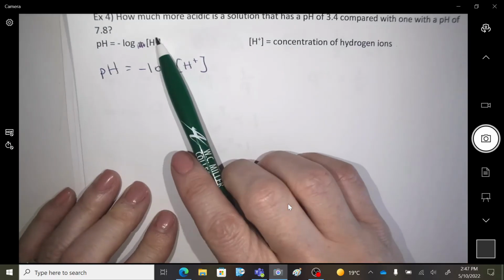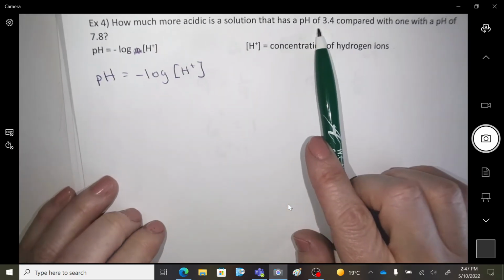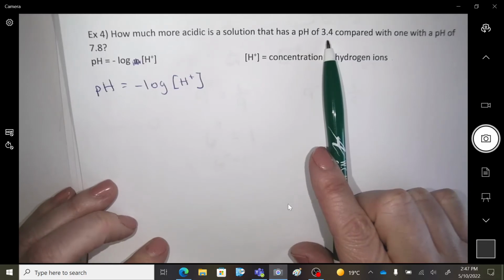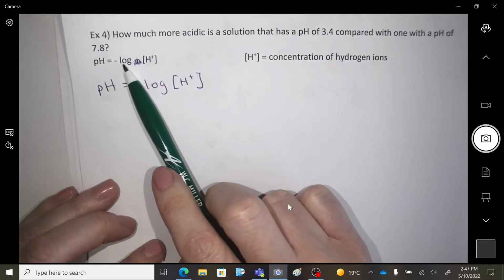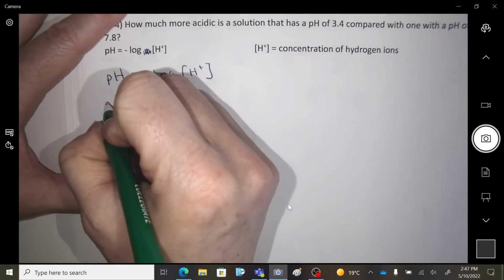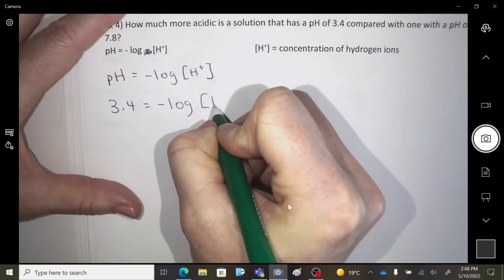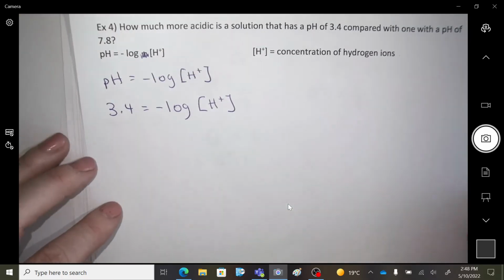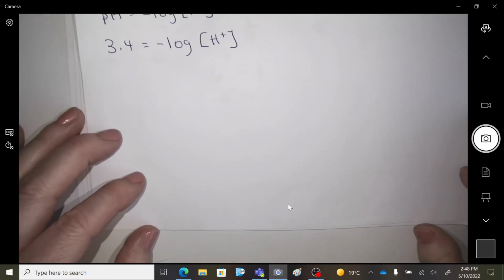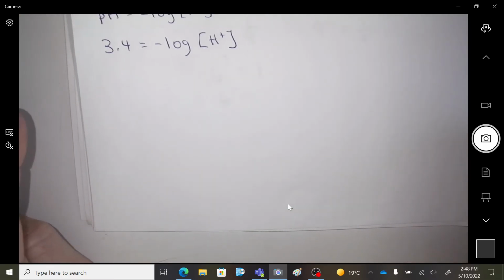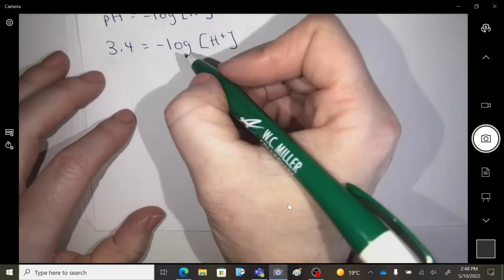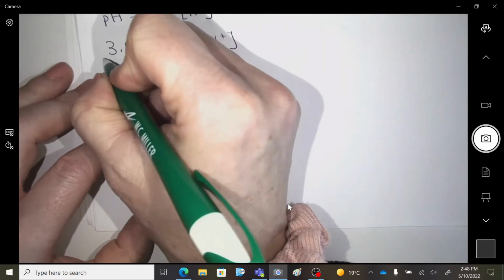Okay, how much more acidic is a solution with a pH of 3.4 compared to one with a 7.8? So 3.4 equals negative log H plus. I'm going to divide by negative 1.